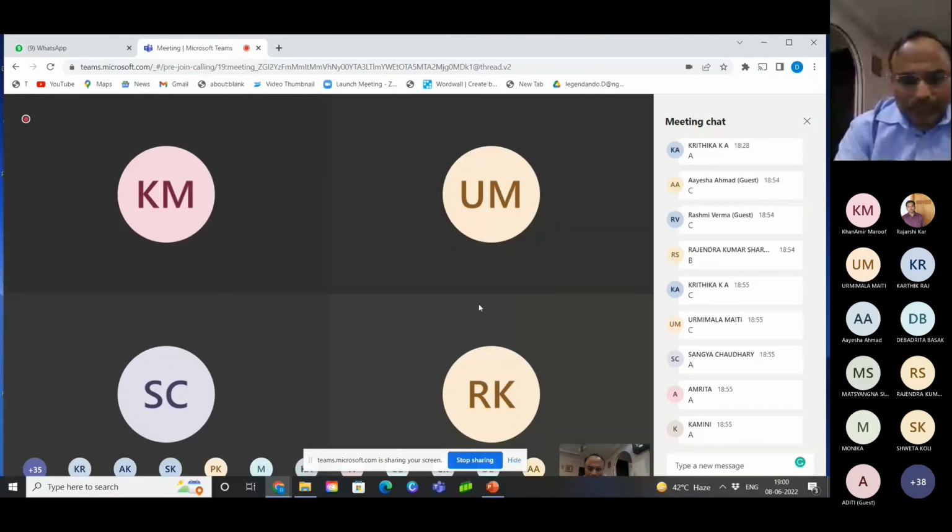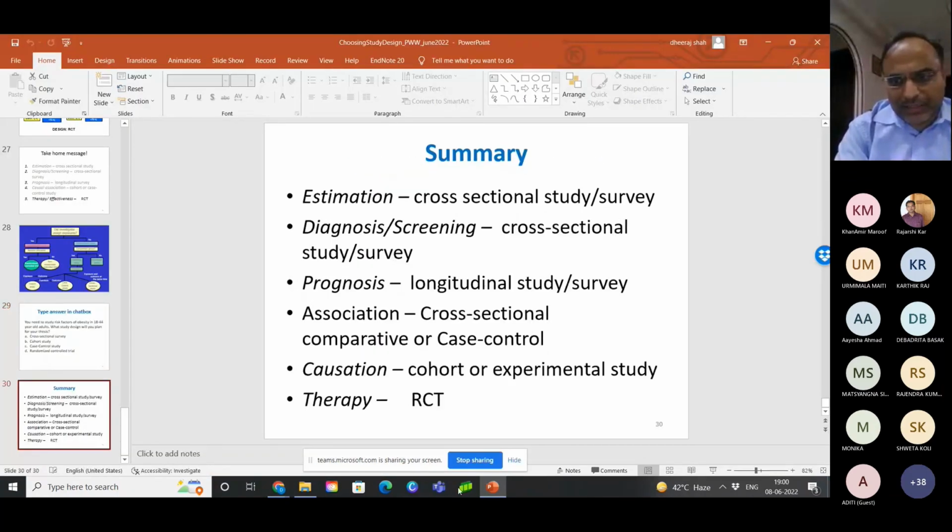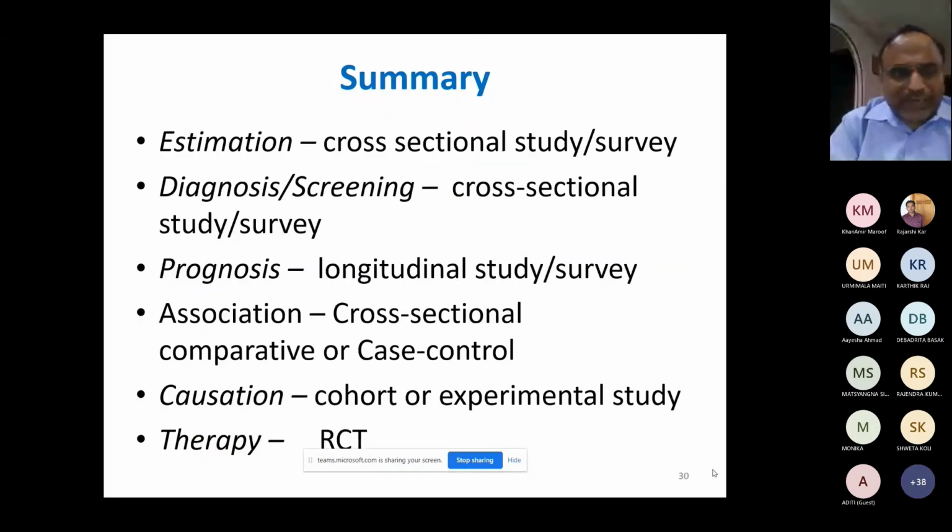So I'll stop sharing. Okay, just before stopping, I'll show you the summary slide. So the summary is, if you want to estimate prevalence, population prevalence, frequency, percentages, you do cross-sectional studies or surveys. If you want to see the diagnostic utility, again you do a cross-sectional study, which is called a diagnostic accuracy study.